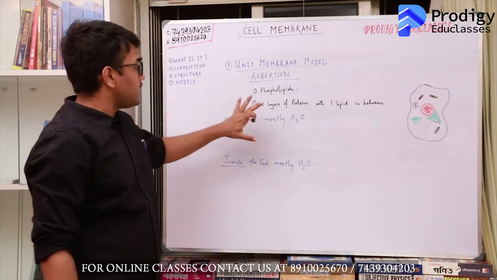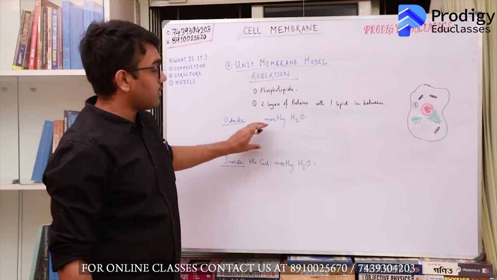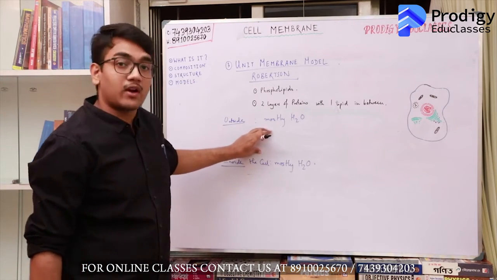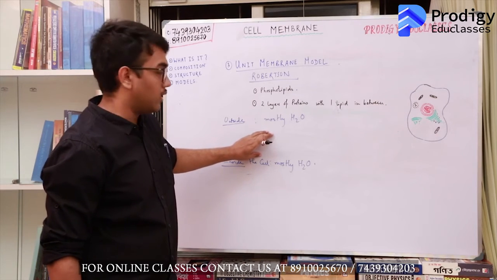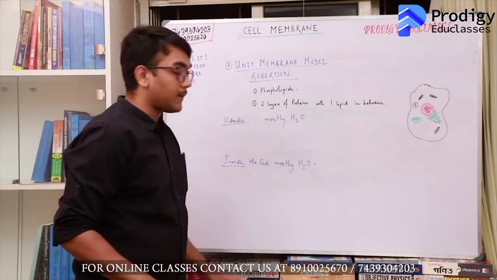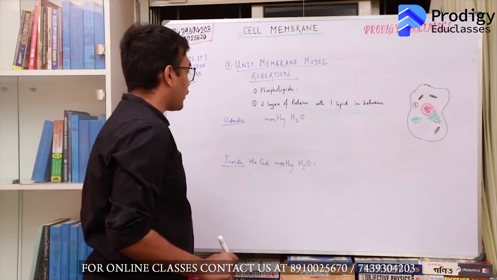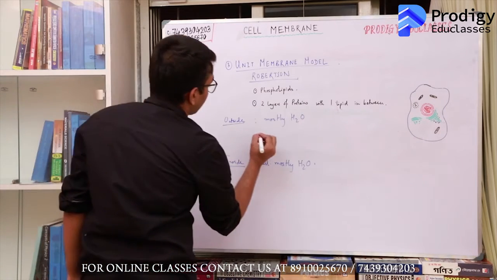So how do you arrange the lipids in such a way that they are stable in an aquatic ambience? Lipids are non-aquatic, they are not water soluble. So you have to arrange them in such a way that they are stable in an aquatic environment. How do you do that?